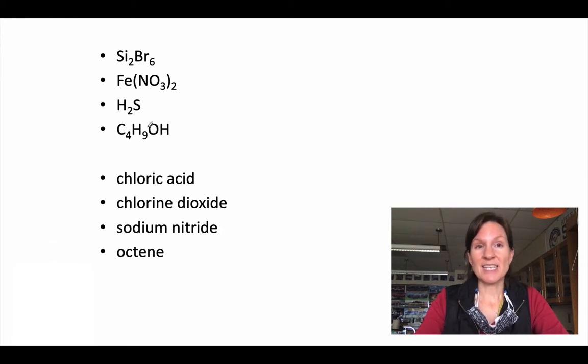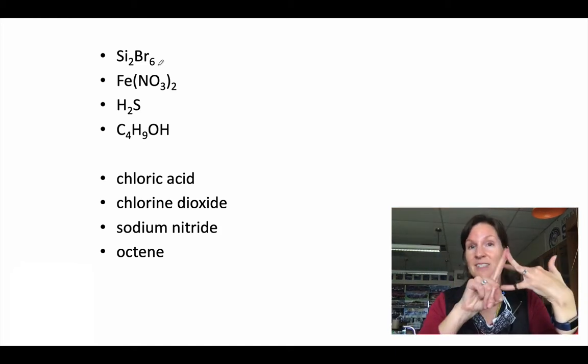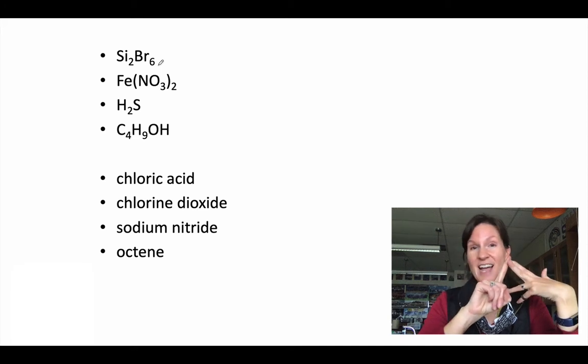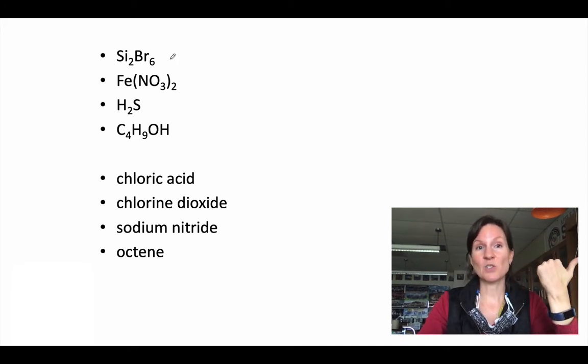So when I look at my list, step 1, that Si2Br6, if I look at that, no metal, doesn't start with an H, not a hydrocarbon, so that one is going to be a covalently bonded one, and I'm going to name it based on it being a simple molecule. Okay, so that's covalent.